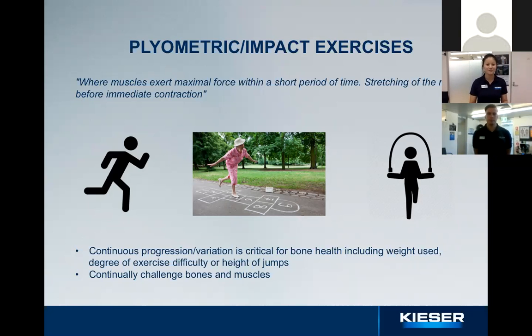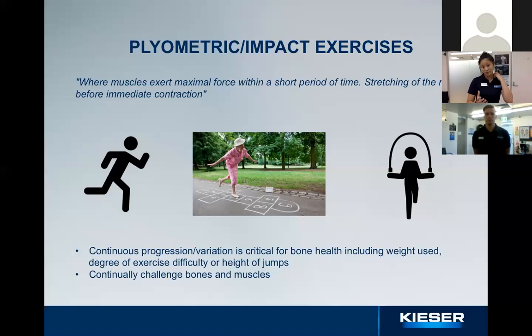Progression-wise, it's really important that you are progressing it, very much the same as Ben mentioned. Start low and then slowly build up to ensure that we are overloading the bones and the muscles too. Some examples might be changing up the difficulty of it. It might be jumping from a height. It might be jumping from a different angle as well.